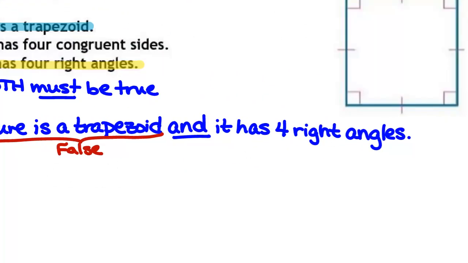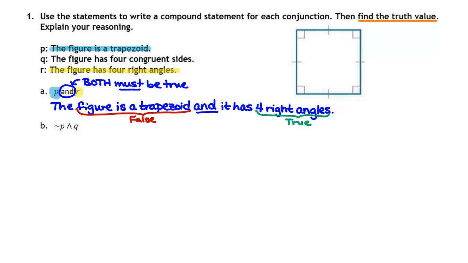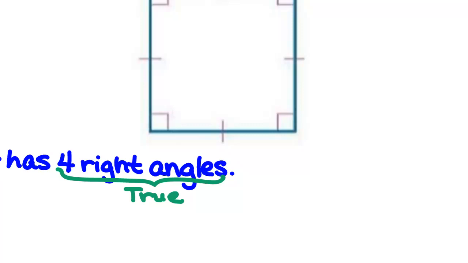Does it have 4 right angles? Yes, this part is true. So when I put those two parts together into one statement with and in the middle, is this whole statement true or false? False. Both parts have to be true for an and statement to be true. So this statement is false.